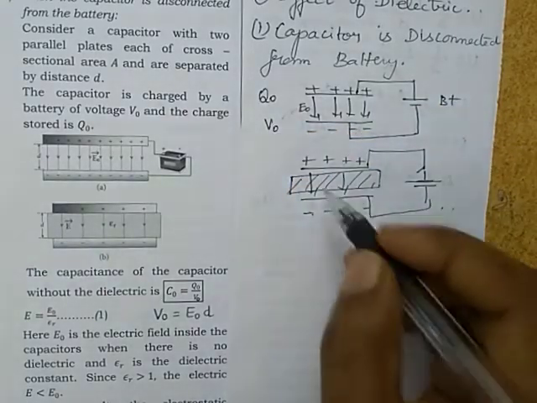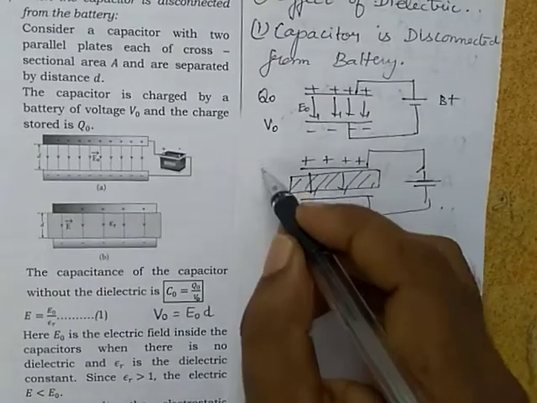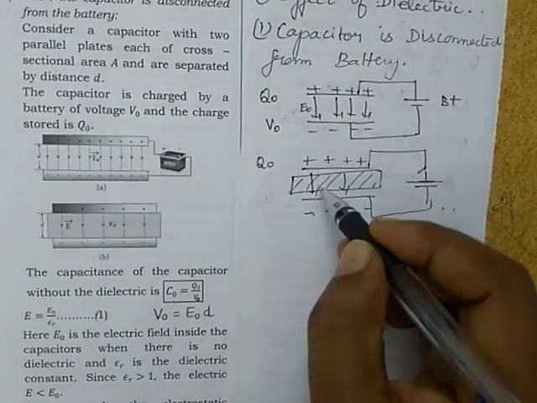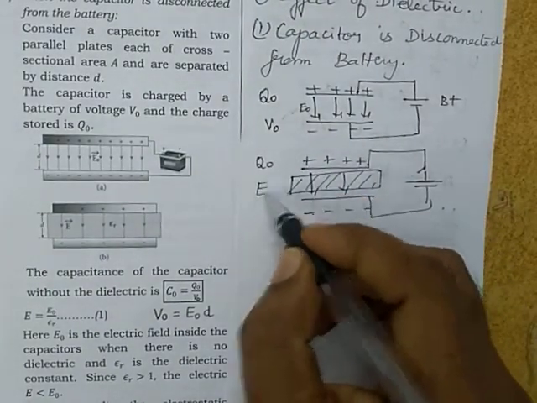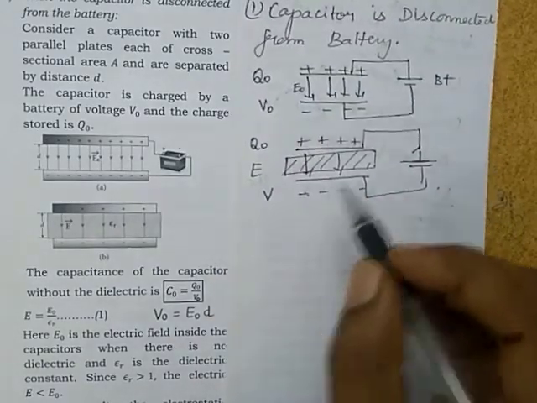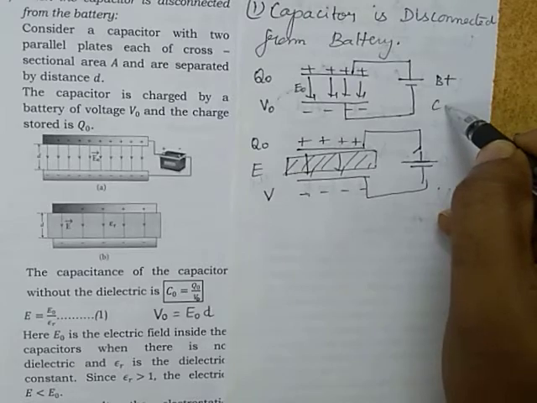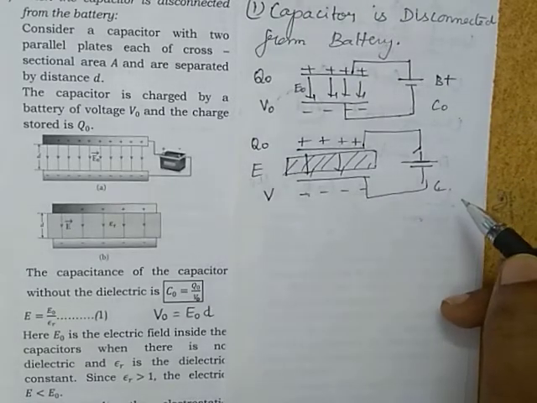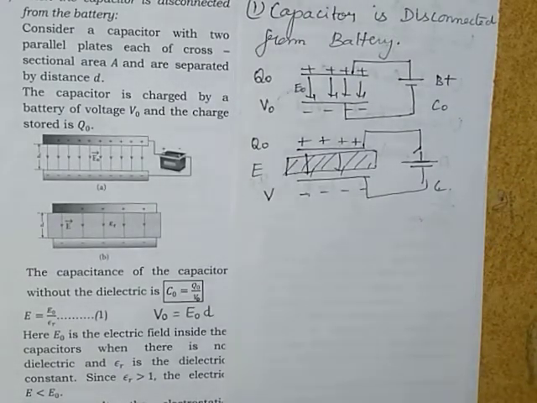After the dielectric is placed, the charge is again Q0, but the electric field is E and the potential is V. Then the capacitance for the initial case is C0, and here it is C. We will see one by one.